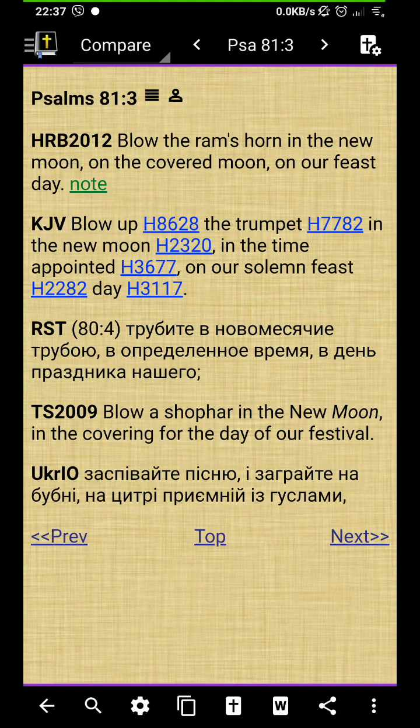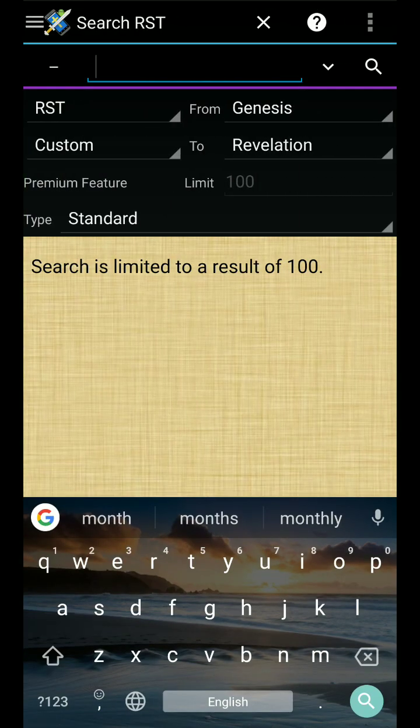Okay? So this is the second point, that actually there are no verses that directly say that the month starts with a new moon, and this is how you start your month. Actually, I would say that there is some similarity between the word Yerah and the month. So I will just show you quickly. I'll go to search again.